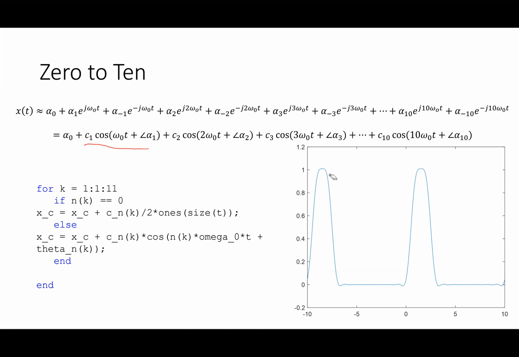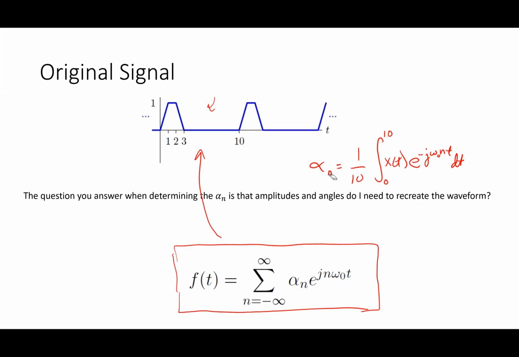Can I see the integral for the alphas one more time? It's that. Okay, thank you. Now, before you do that integral, the first thing you have to do is figure out what x of t looks like over a period. I haven't done that here. I haven't said what that is, but you'd have to figure that out.